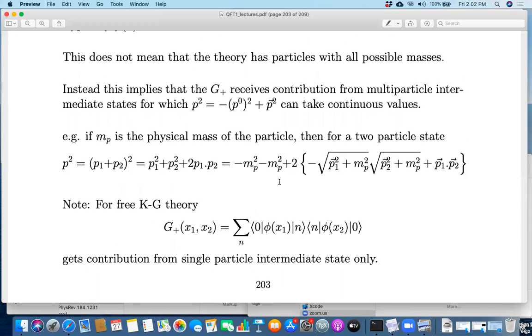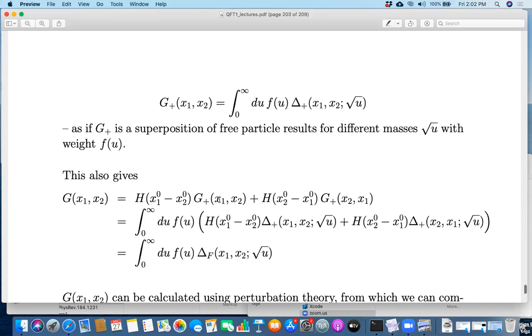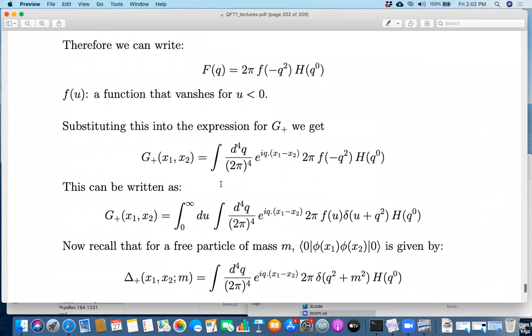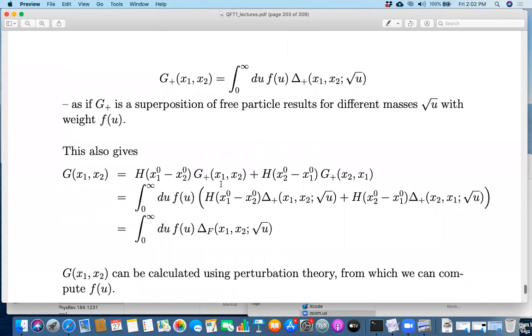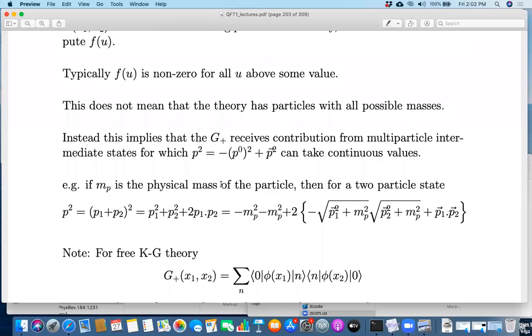So this is the main difference between an interacting theory and a free theory: in an interacting theory, a two-point function of two phi's can get contributions from multi-particle intermediate states, which doesn't happen for a free Klein-Gordon theory.